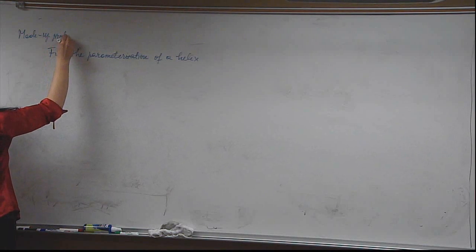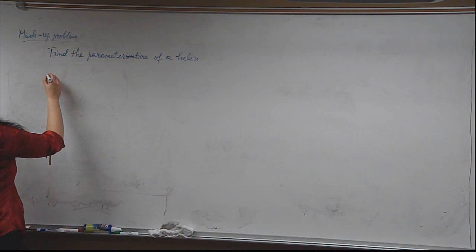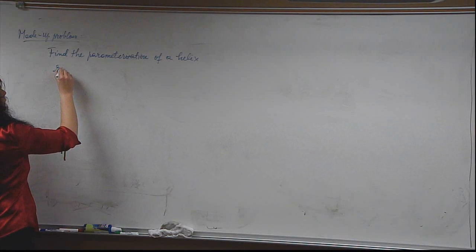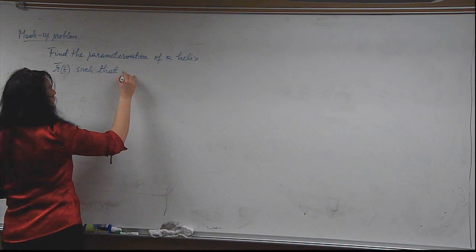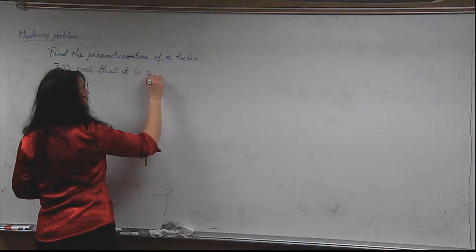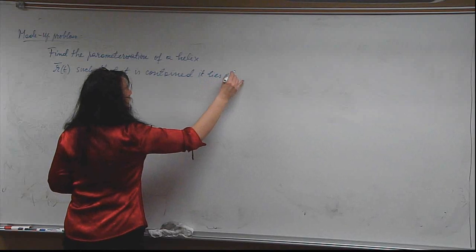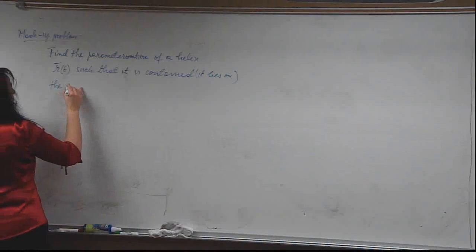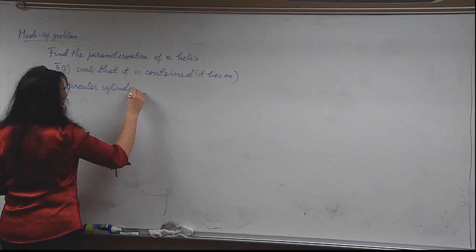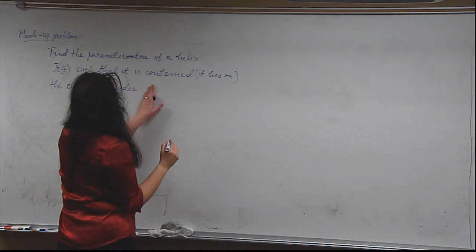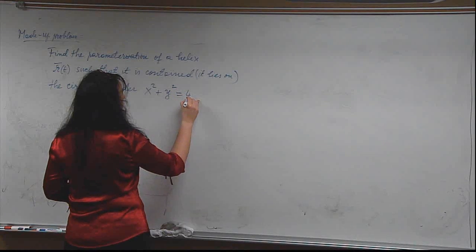I have to be a little bit more careful with these made up problems so that they make sense. Of a helix R of t such that it is contained, or it lies on the circular cylinder x squared plus y squared equals 4.